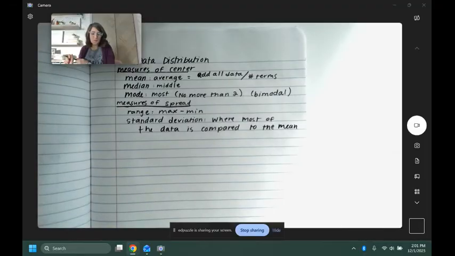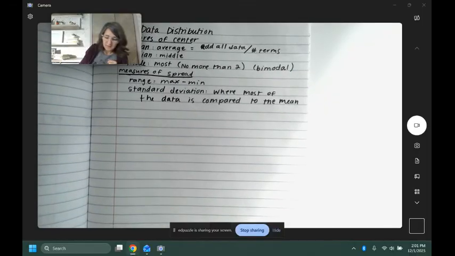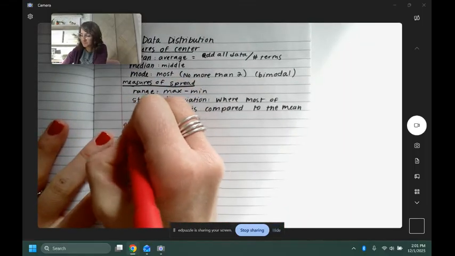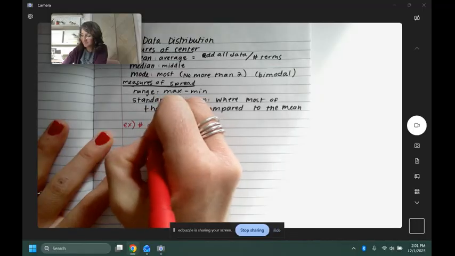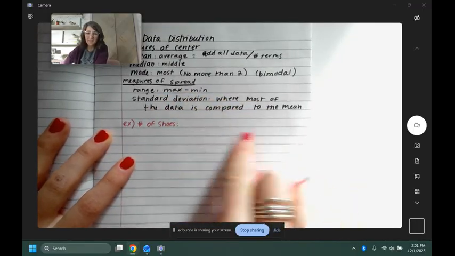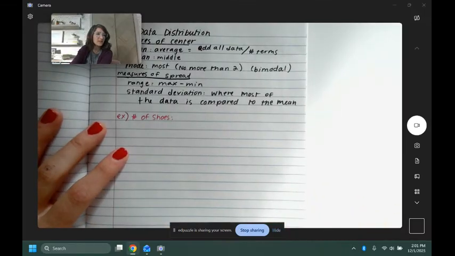All right, so let's jump into an example. So let's say I surveyed 16 people, and I asked, how many shoes do you have? And I'm going to put these data in order. I wasn't going to, but it makes it easier, so I'm going to.